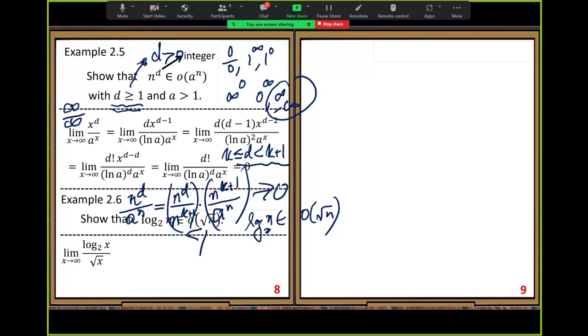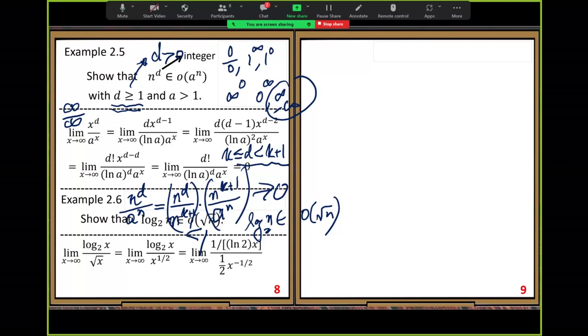Two functions. Let's take the derivative of the numerator and denominator, and we know it's an infinity over infinity indeterminate form. This is before we take the derivative. Now, we write root of x as a power function, x to the 1/2 power.